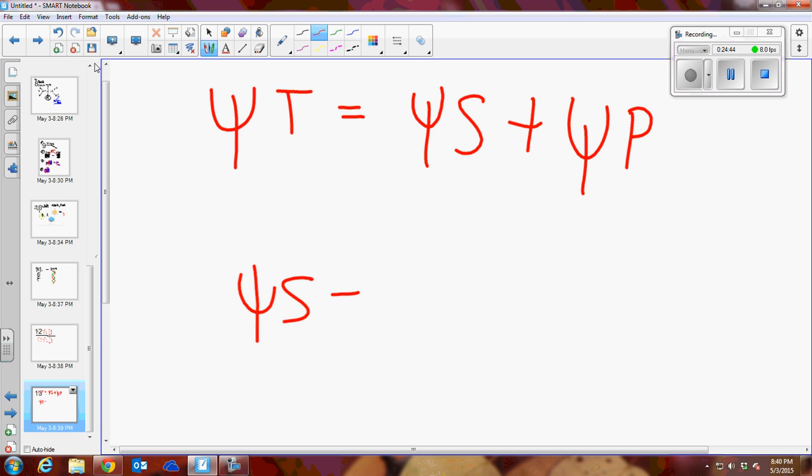And the solute potential is always negative. Then you have some sort of ionization constant, a concentration, R, which is a given. It's 0.083, and so that'll always be given to you, and then T, which is always in Kelvin.